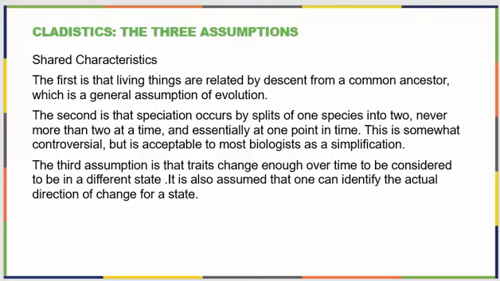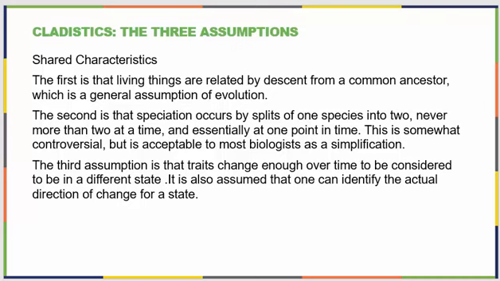Not everyone follows that idea. As I mentioned before, we saw the monkeys that split into 3 different groups. But you can accept this simplification in the creation of a basic clade and then make it fancier later. The third assumption is that traits change enough over time to be considered a different state.